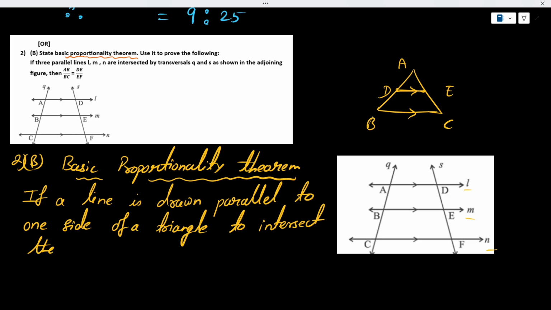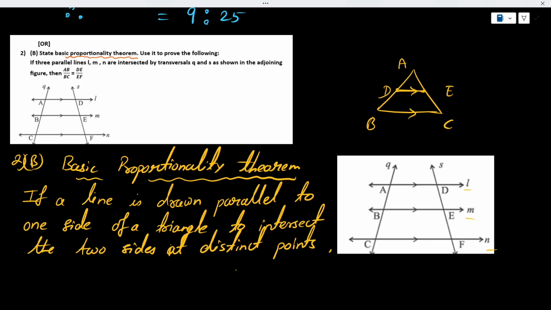So the line intersects the other two sides at distinct points. What are those two distinct points here? In this case, whatever example I gave you, D and E.